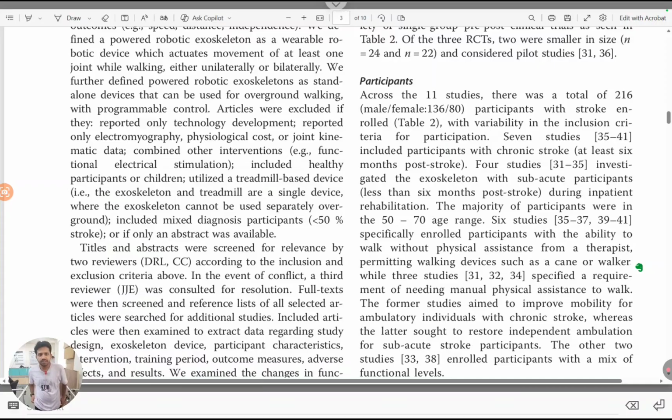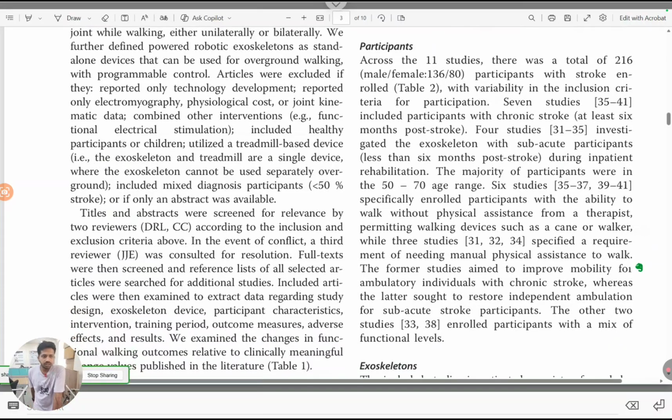During inpatient rehabilitation, the majority of the participants were in the 50 to 70 age range. 6 studies specifically enrolled participants with the ability to walk without physical assistance from a therapist, permitting walking devices such as a cane or walker, while 3 studies required manual physical assistance to walk.